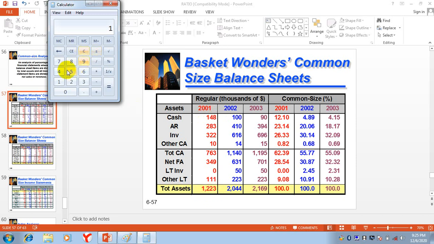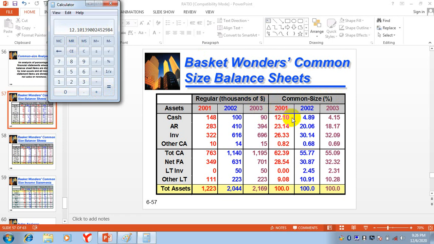So 148 divided by 1223 multiplied by 100. So see, we got 12.10. This is common size or percentages. It means in common size, we are converting the balance sheet to percentages.